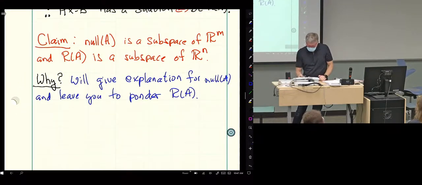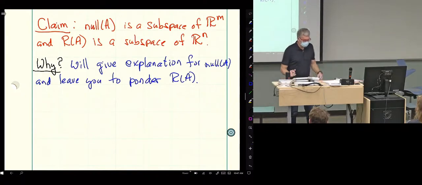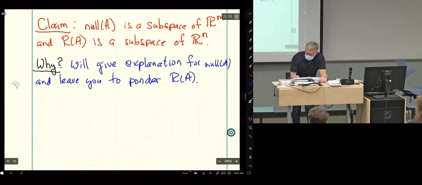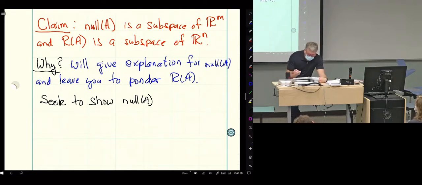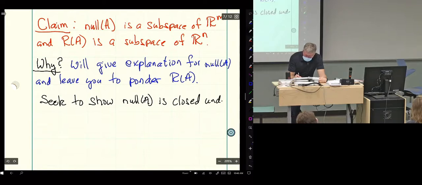This way of approaching the material is not how I have the book organized, but it will be soon. Okay, so we want to show the null space is closed under linear combinations, okay? So if you're going to do a proof, an explanation, always write down what you're trying to show. We want to show the null of A is closed under linear combinations.